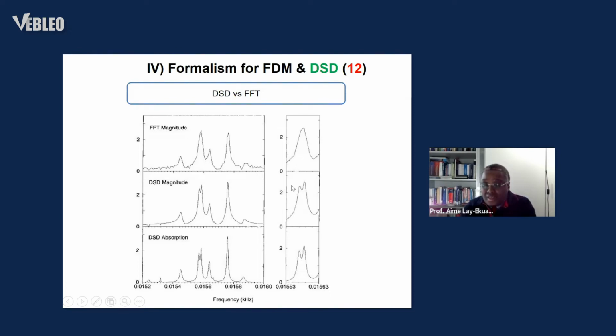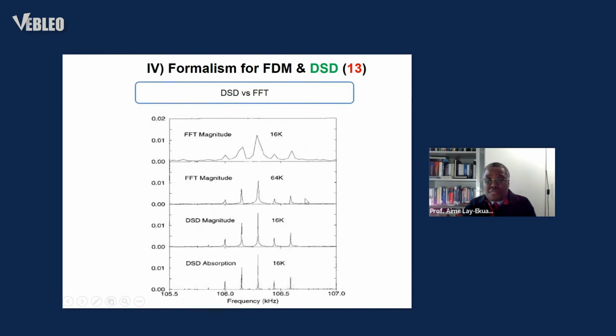So this is a crucial issue because by distinguishing the peaks, we are able to recover crucial information included in the spectrum, or maybe in the spectra. So in FFT, there is a loss of information. In DSD as well as in FDM, there is a gain of information.